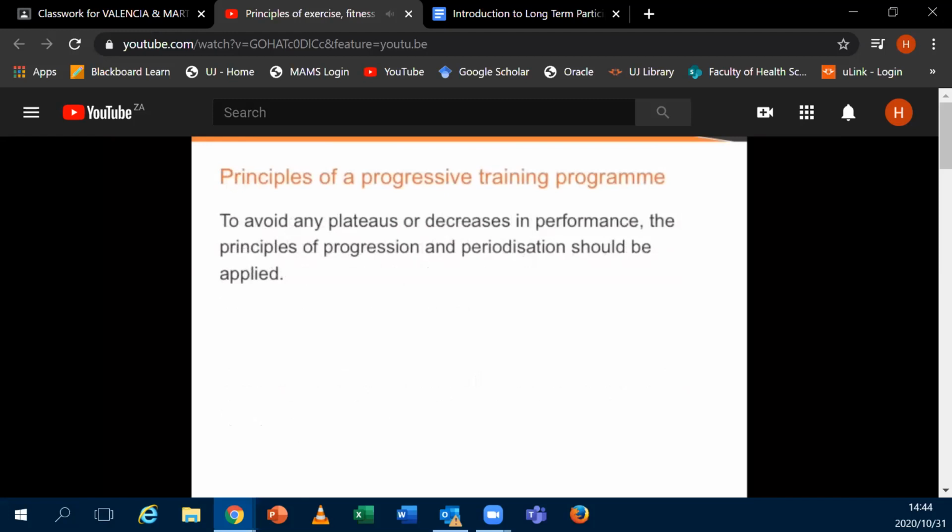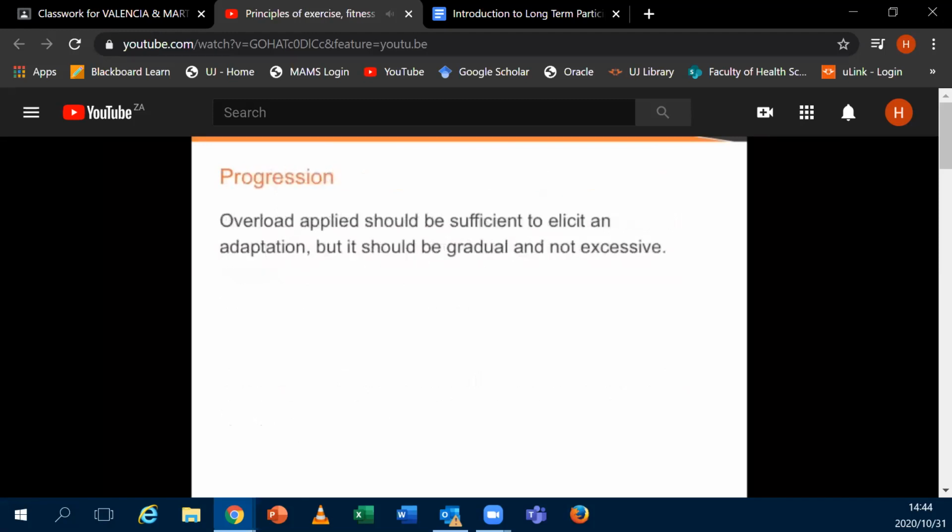Principles of a progressive training program. To avoid any plateaus or decreases in performance, the principles of progression and periodization should be applied. Progression. Overload applied should be sufficient to elicit an adaptation, but it should be gradual and not excessive.